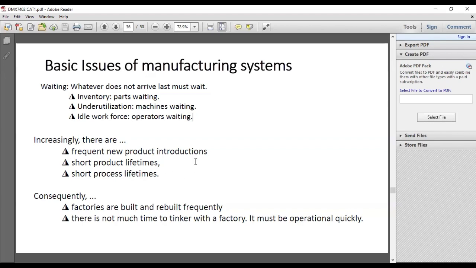So to make it efficient, we have to work on designing manufacturing systems. So these are the basic issues.